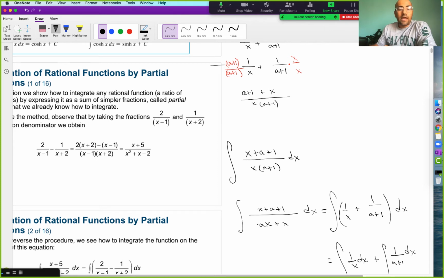Good? So now how do we take a really complicated rational fraction and break it up into the summation or subtraction of smaller fractions? Well, that process is pretty hard on its own. You know, ignoring the integral and the calculus part of it, that's an algebra question that is pretty tough.